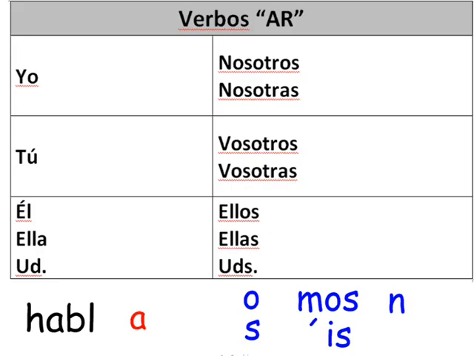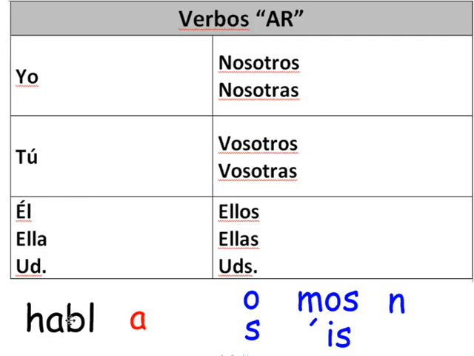So here I have a chart where we're going to talk about an example AR verb. AR verb meaning a verb that in the infinitive form ends in the letters AR, because there are different ones that end in ER and IR. So right here we're going to use the verb hablar, to speak, as an example. So any other regular AR verb in Spanish will follow pretty much the same pattern in the present tense.